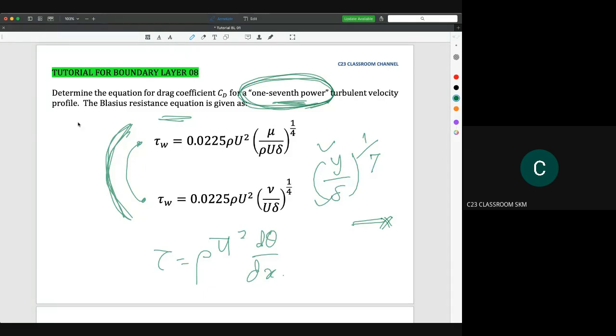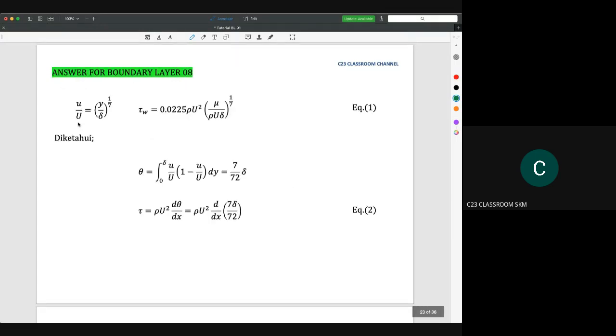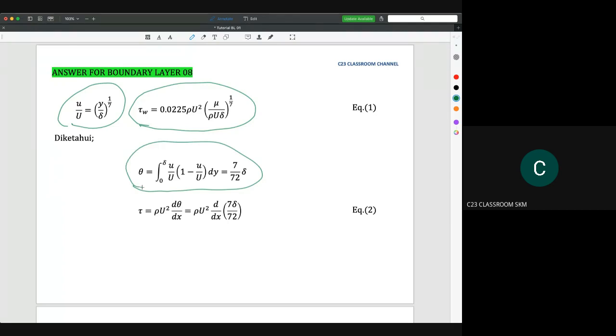I already discussed this in the tutorial, so I can go faster here. We know that the 1/7 power law is this term, and from the question, we know that the Blasius resistance value is this term. Then we calculate the value of theta, which is 7/72 delta, from the von Karman equation substituted with the value of delta.